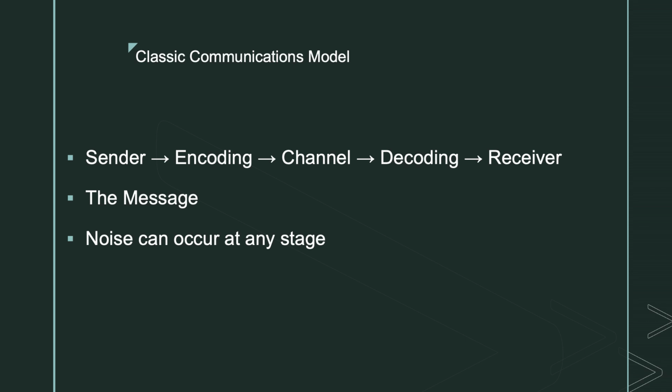Well, you are on one end and I'm on the other end, and every person in between is now the channel. The message was something that you said, and if I received the exact same message on my end, there was no noise. The channel was without noise, the encoding was without noise, and the decoding was without noise.